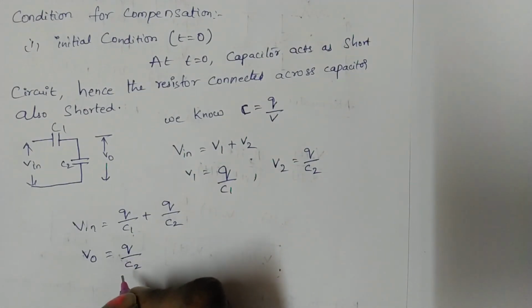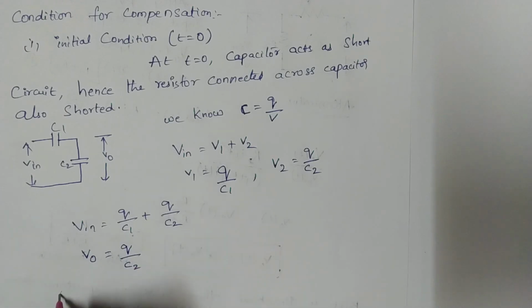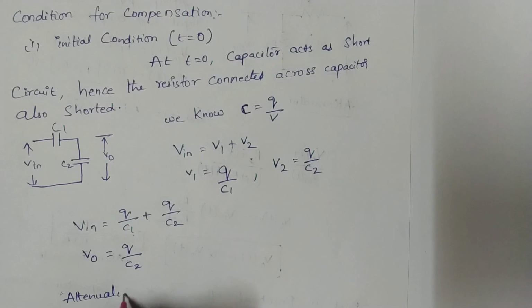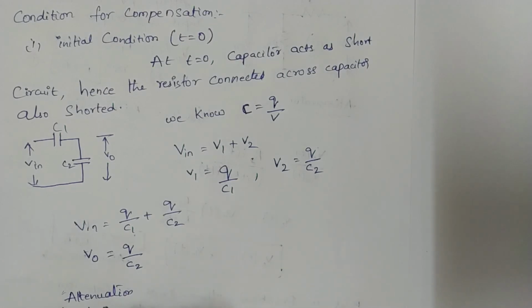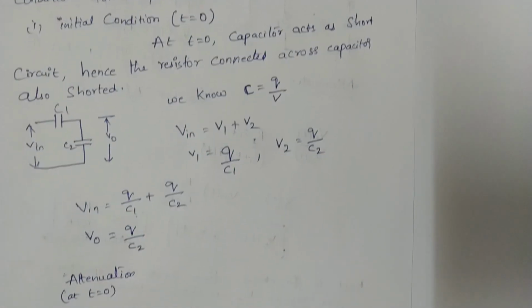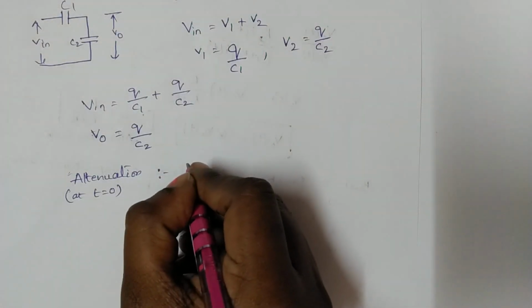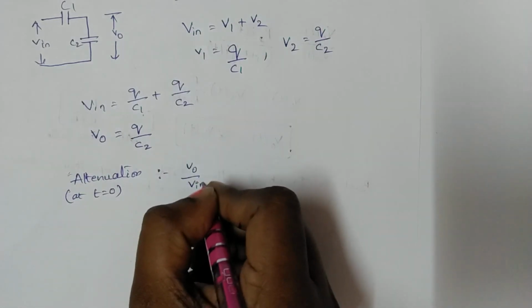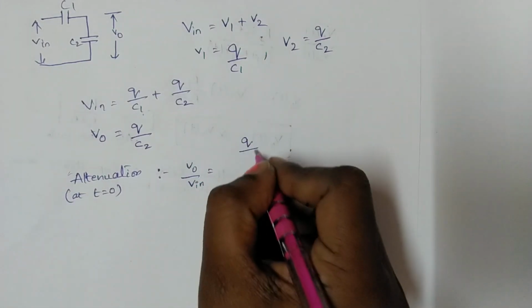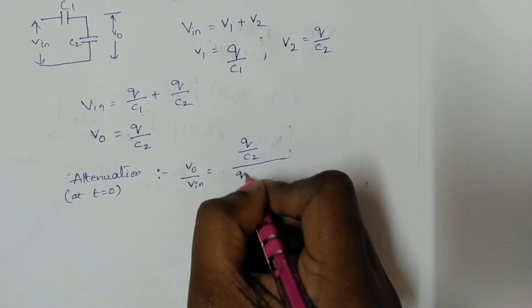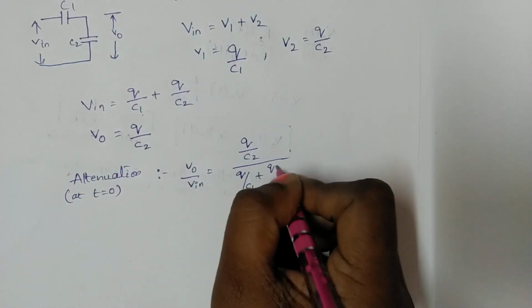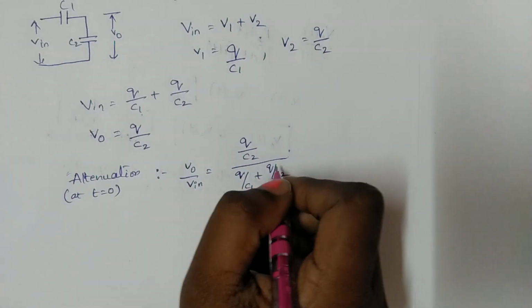Now equate this. We must know the attenuation factor at the initial condition, t equal to 0. At t equal to 0, we have V output by V input equal to Q by C2 divided by Q by C1 plus Q by C2. Now simplify this.